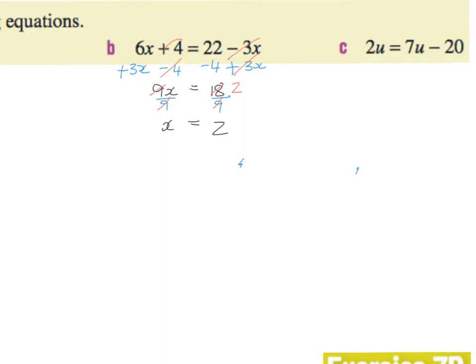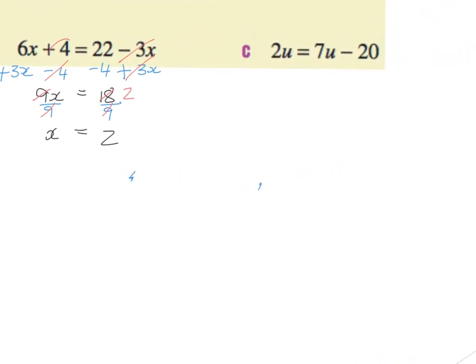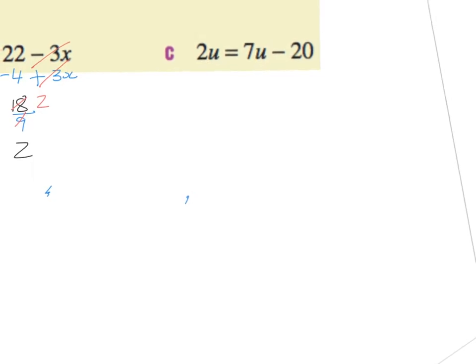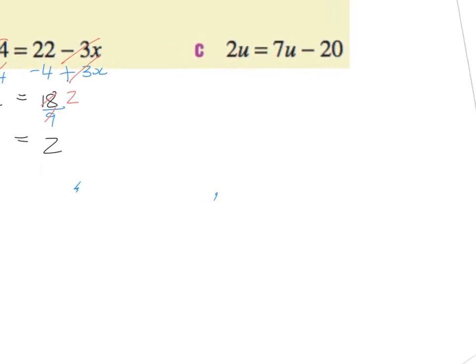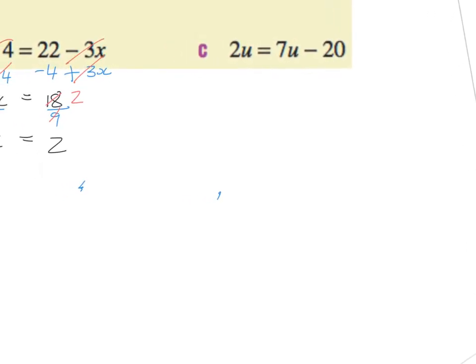In our last example, C, we will have 2u equals 7u minus 20. Now I'm going to do this in two ways, just to show you it doesn't really matter which way you do it. In my first example, I'm just going to rewrite this question and say 2u equals 7u take 20.